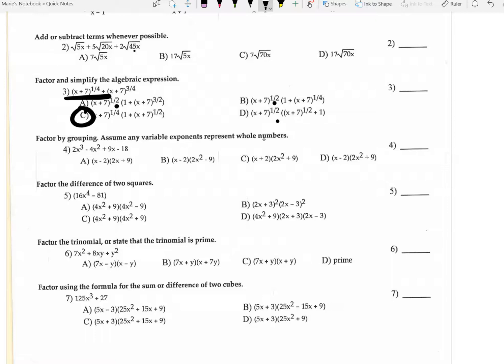And always remember, this becomes a distribution, because what I'm going to end up doing is multiplying by x plus 7 to the 4 over 4, negative 4 over 4 actually.